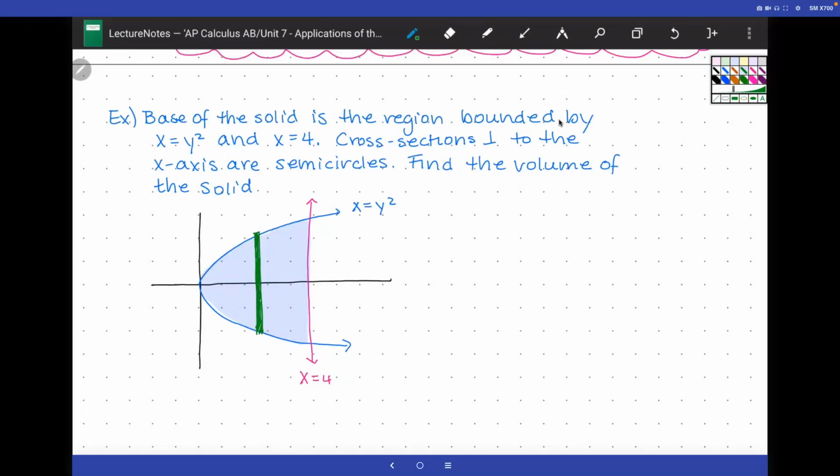So I put my representative rectangle vertically, and it should go across the entire region. And then you can see the thickness of the rectangle is along the x-axis, so it is a dx problem.